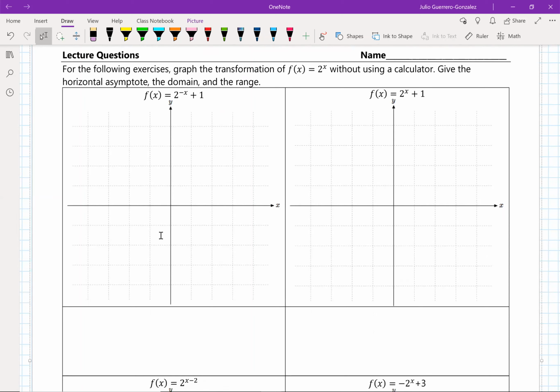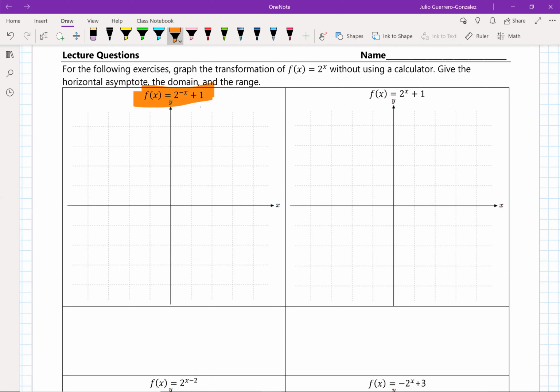You can do it by points, but remember when we were doing transformations from the very get-go of the semester, you were able to look at specific things that happened within the function itself, right? Based off of those things, you can graph the function itself.